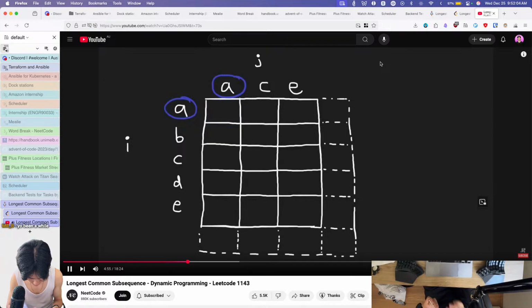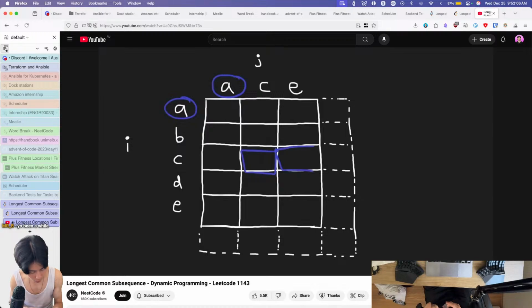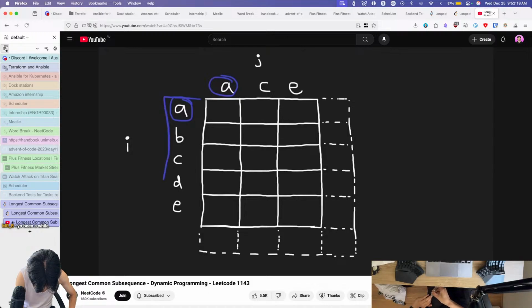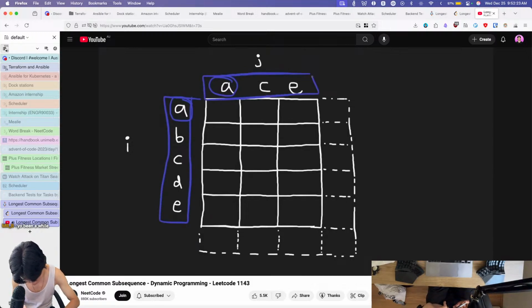A position, a cell that we can put a value in. We're going to put a value in each of these cells. And so let's just start at the beginning like we did. Let's start at the first characters. What we're trying to do is, for these strings, find the longest common subsequence between the entire strings.